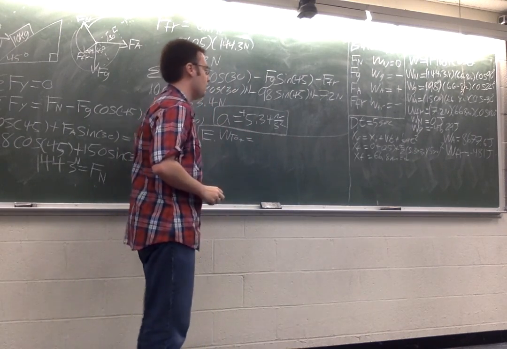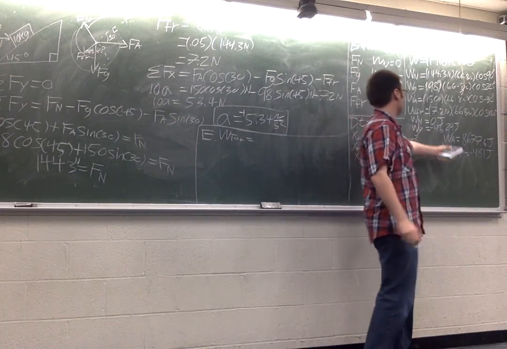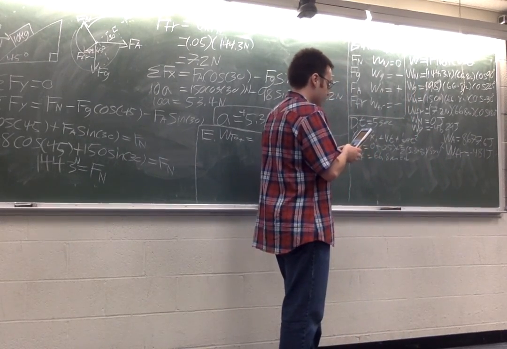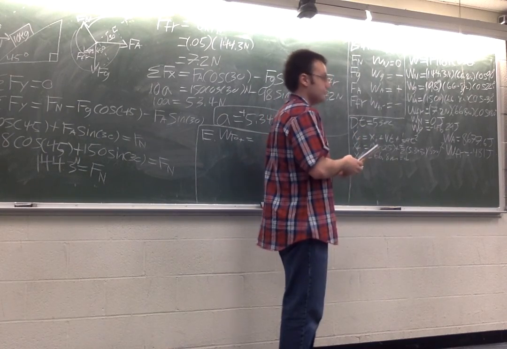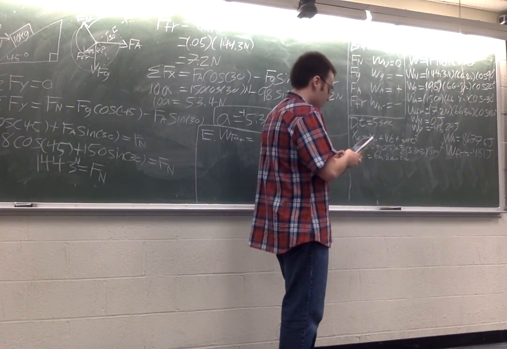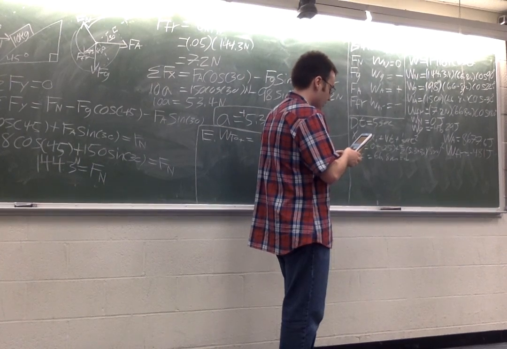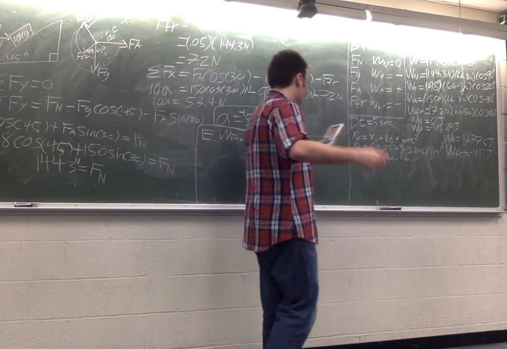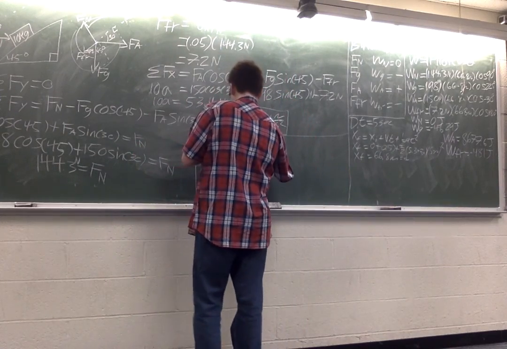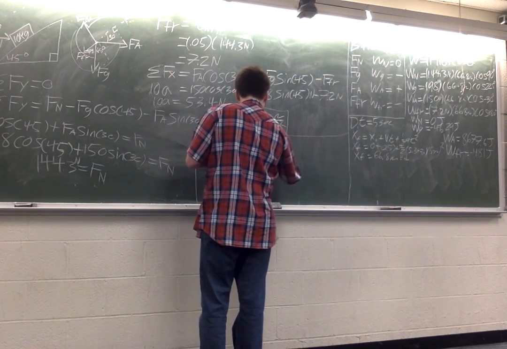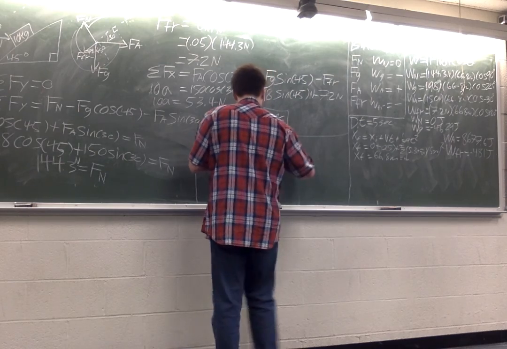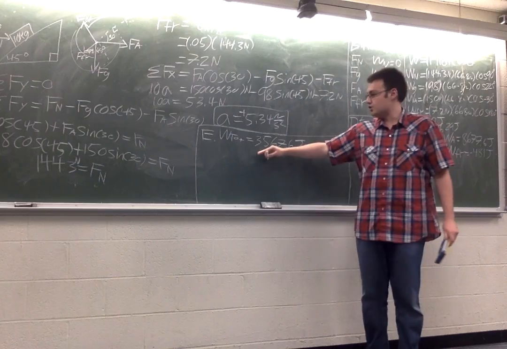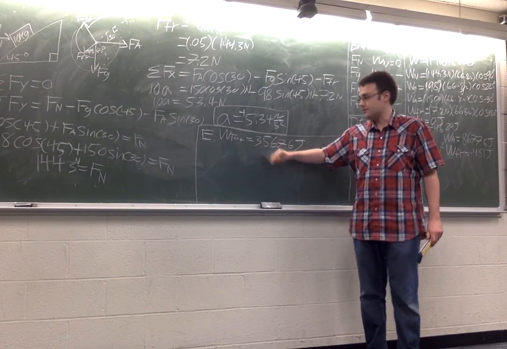Well, it's equal to the sum of all of these works, right? So I'm going to take 8,677.6 minus 4,629 minus 481, and we should get 3,567.6 joules, which is the total work done on the system.